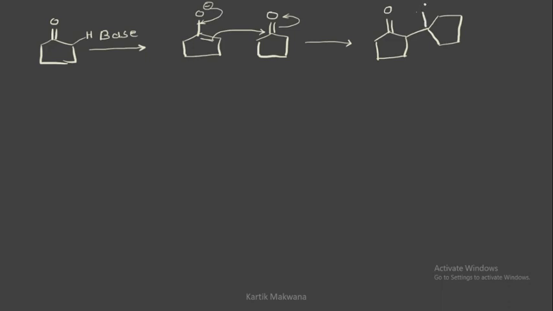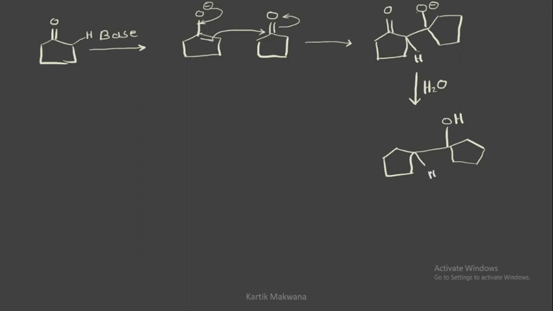Here O minus, one pi bond will be broken, right? So now this is a hydrogen and now with the H2O, the oxyanion will be protonated, right? So the oxyanion will be protonated and we will get the hydroxyl group on the carbon, right? And the five membered ring will be as it is.